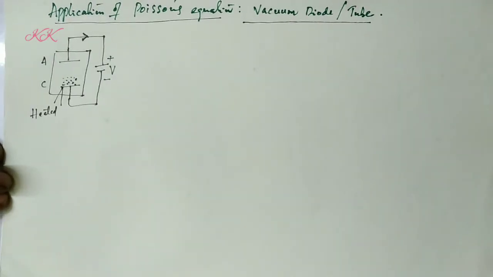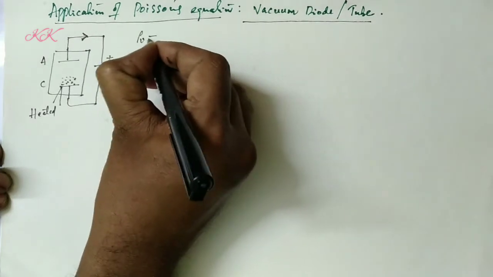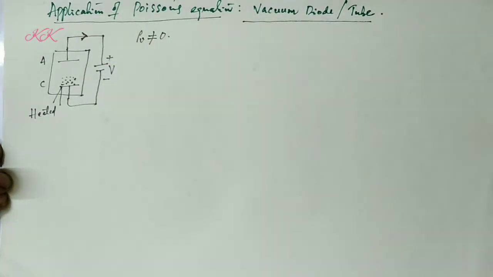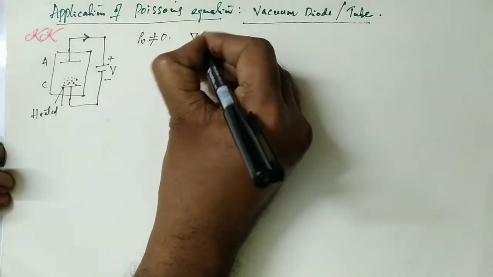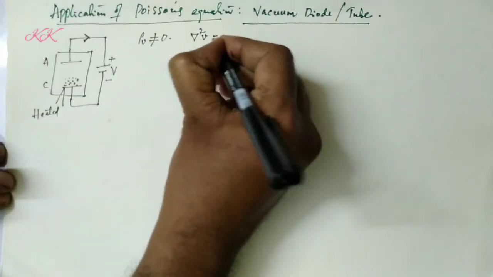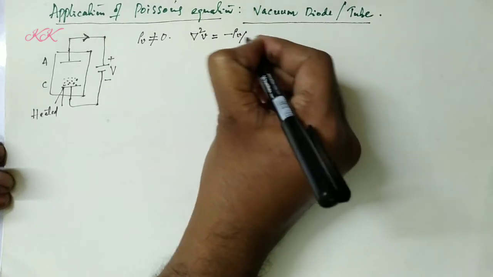Because of this space charge, there is a volume charge distribution, and hence rho v inside the tube is not equal to 0. So we cannot apply the Laplace equation. We need to go for the Poisson's equation, that is del square V equals minus rho v by epsilon naught.